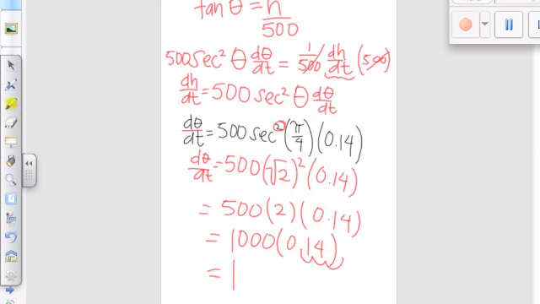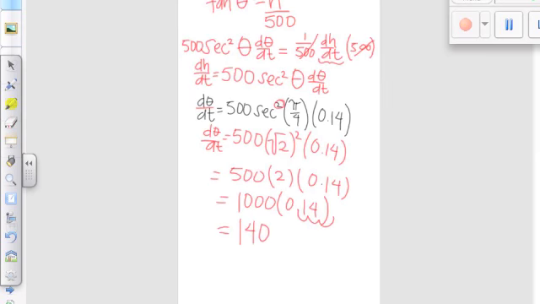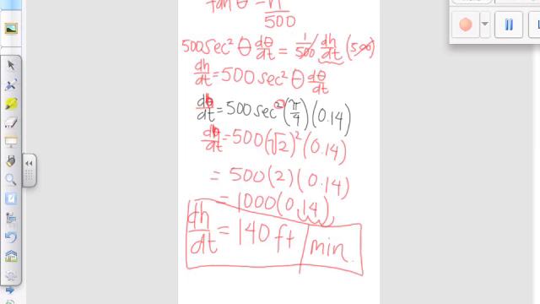So my answer is 140. Oh, sorry, this should be a dh right here. If this is dh dt, I know it's a rate. So my height is actually measured in feet, and my time is measured in minutes. So this is how fast the hot air balloon is going up in the air.